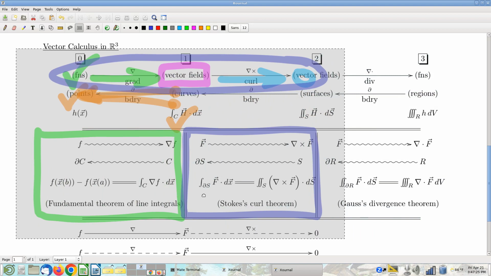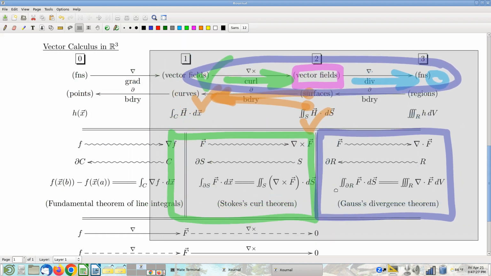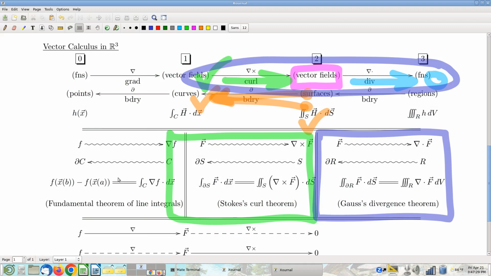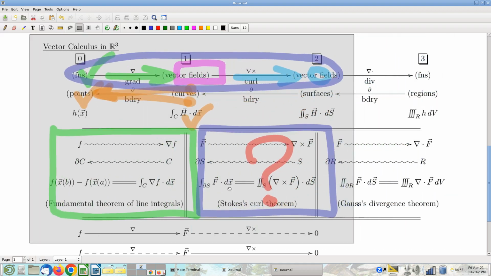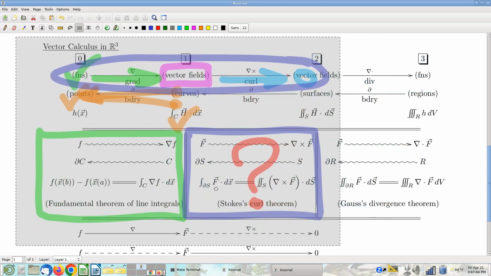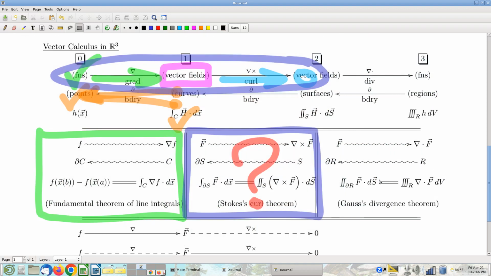Well, if you're having trouble making sense of, for example, what Gauss's divergence theorem has to do with surface independence, take that question and translate it over, and you can see that the answer is in the same way that Stokes's theorem was useful for path independence.